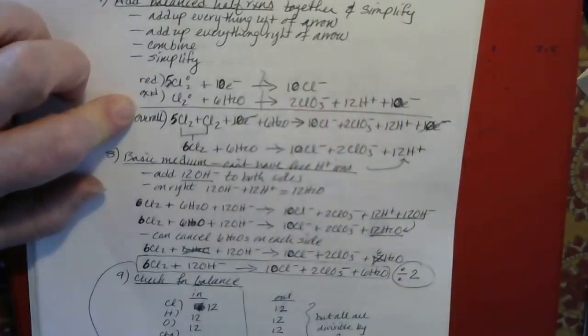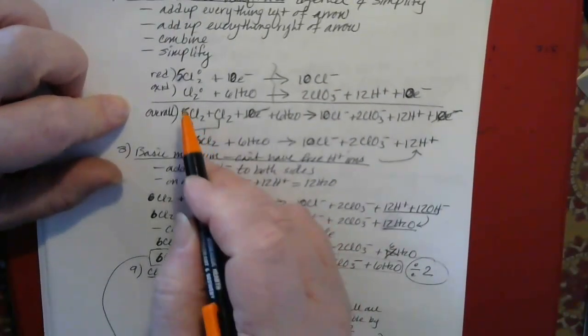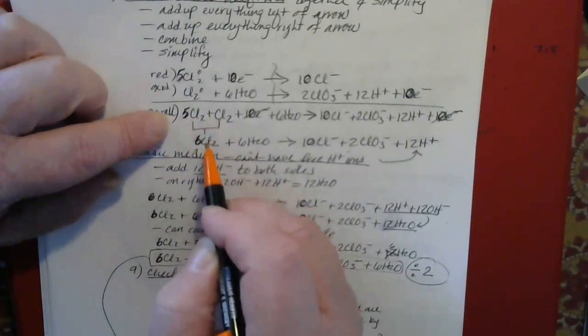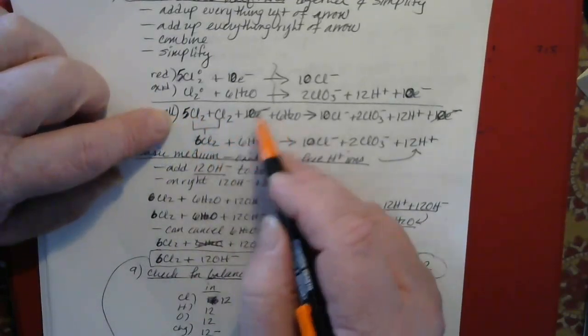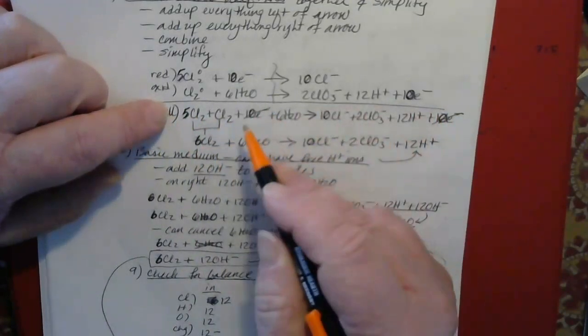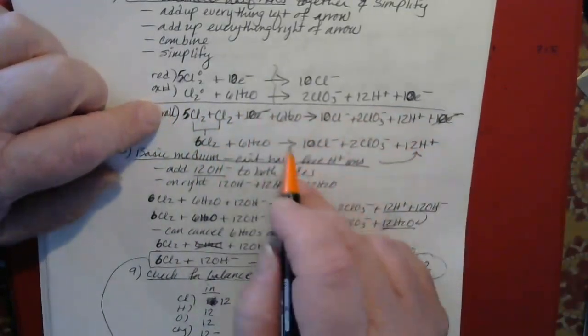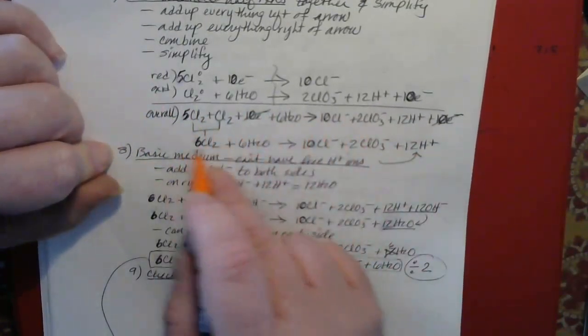That's everything on the right-hand side of the equation. Of course, we can combine the 5 Cl2s with the 1 Cl2, and that gives us 6 Cl2s. And you'll notice that there are 10 electrons on both sides of the equation, so they cancel out, so they won't appear. And that's essentially all we have.